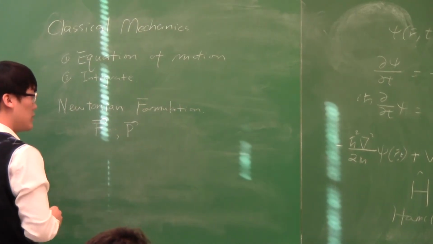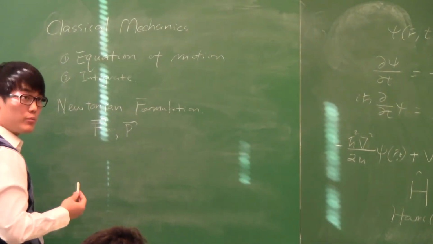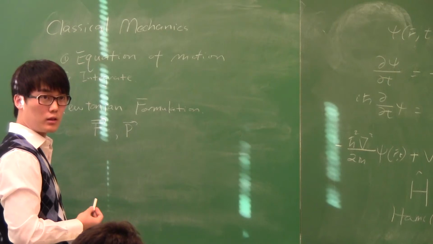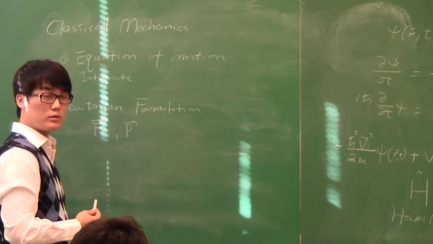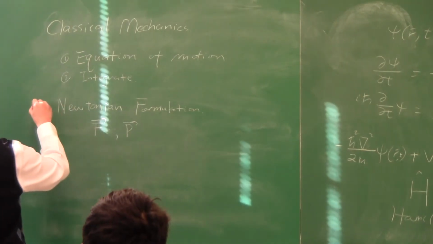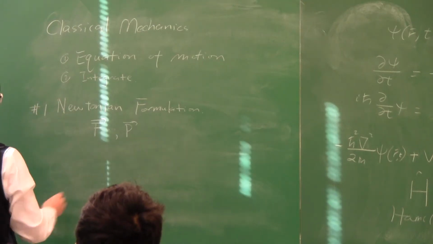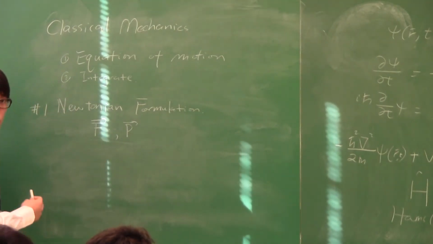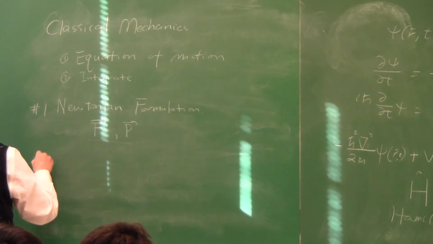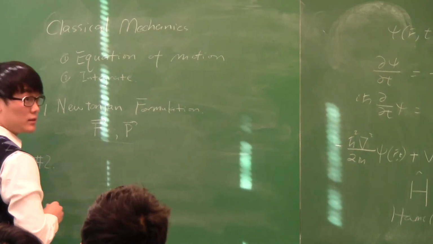And the equations of motion are, of course, governed by Newton's laws. Okay, so this is the first branch. And because it's based on two vectors, we call this the vector branch.